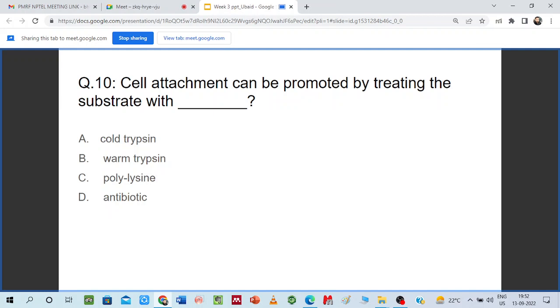So earlier, when animal cells were grown in cell culture for the first time, the anchorage-dependent cells which attach to the flask were not able to attach to the plastic or glass, as plastic has hydrophobic surfaces and cells only attach to hydrophilic surfaces.